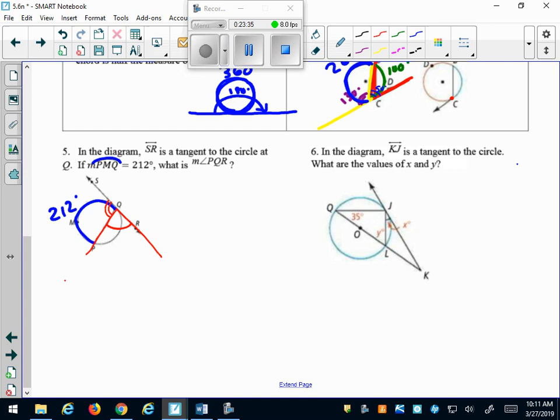All right, so if we want to figure out what this arc is, the whole circle is 360. Subtract the 212. All right, so that would be 148 right here. And then the angle measure would be half of that, so 74 degrees.